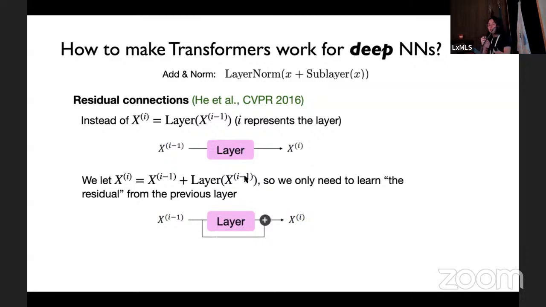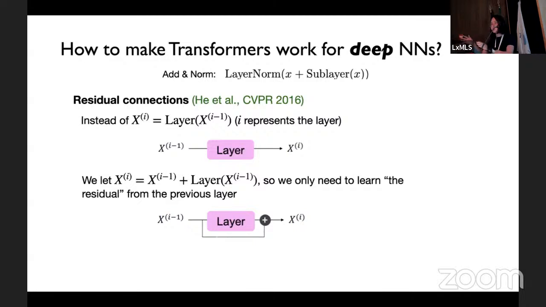If we don't add this residual connection, you have to learn the transformation from x_{i-1} to x_i. But if you add the residual connection, you just need to learn the residual from the previous layer, the difference between the two layers. This is very important. If you don't want to make many changes, you just copy the input from this layer to the next, and only learn the changes.